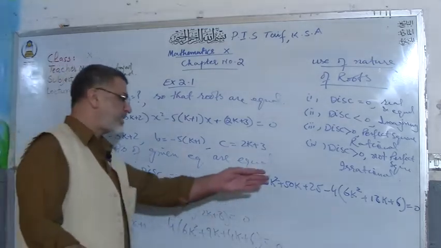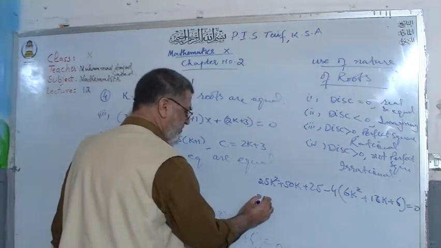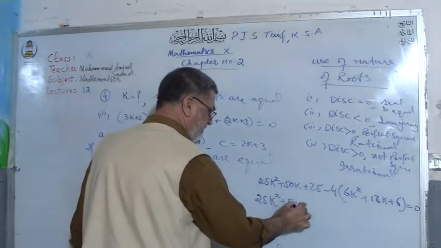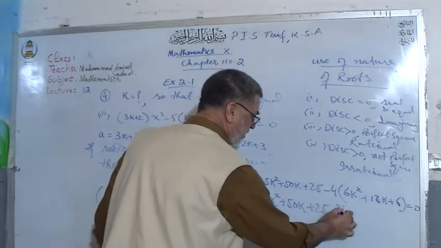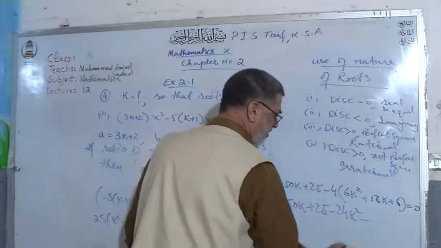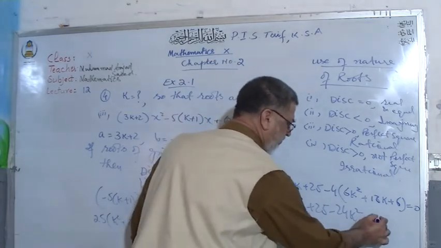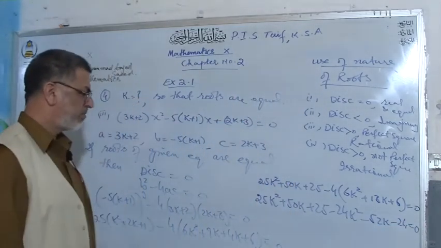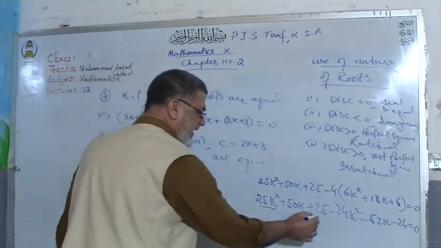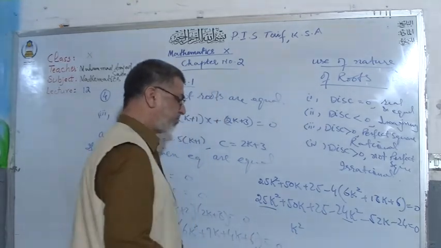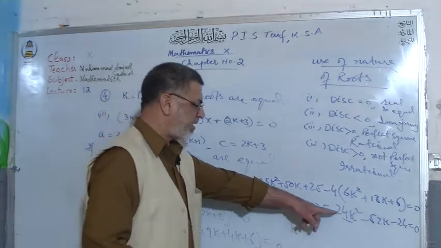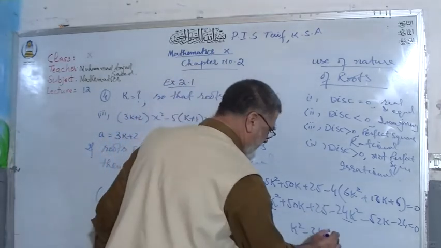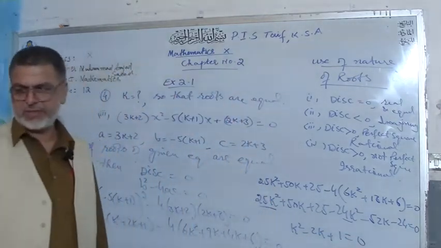Now we will open up this bracket by multiplying with minus 4. 25k square plus 50k plus 25 minus 24k square minus 52k minus 24 is equal to 0. 25k square and 24k square, that is k square, plus 50k and minus 52k minus 2k, and here 25 minus 24 is 1, that is equal to 0.